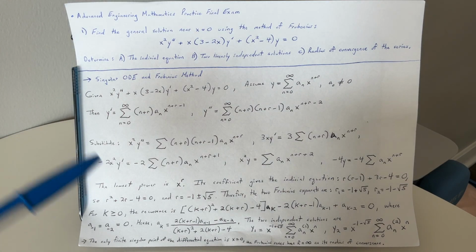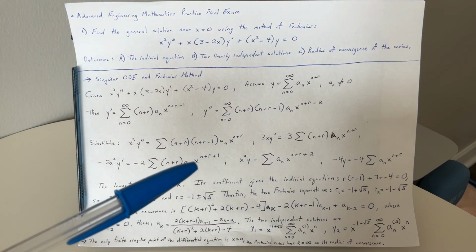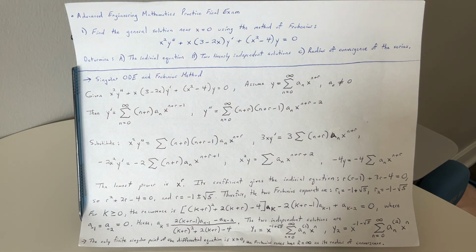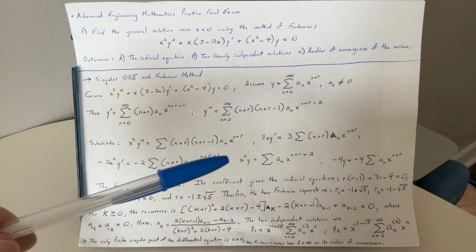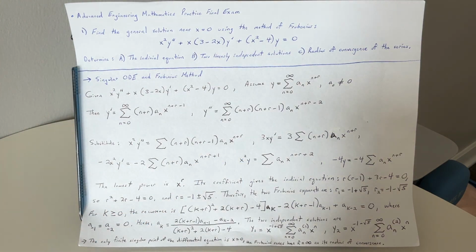So negative 2x squared y prime equals negative 2 times that sum, again, n plus r a sub n x to the n plus r plus 1. So x squared y equals the sum, a sub n x to the n plus r plus 2. And negative 4y is going to equal negative 4 times that sum, a sub n x to the n plus r.